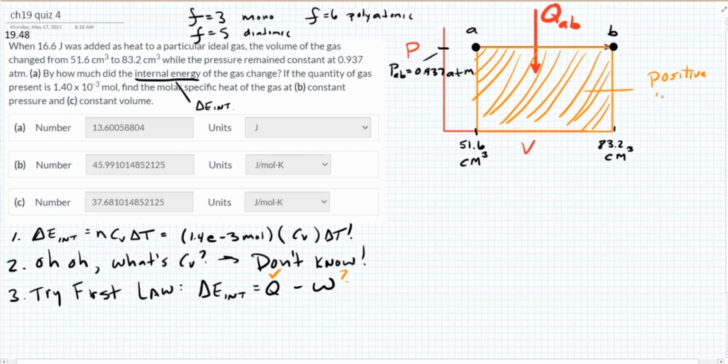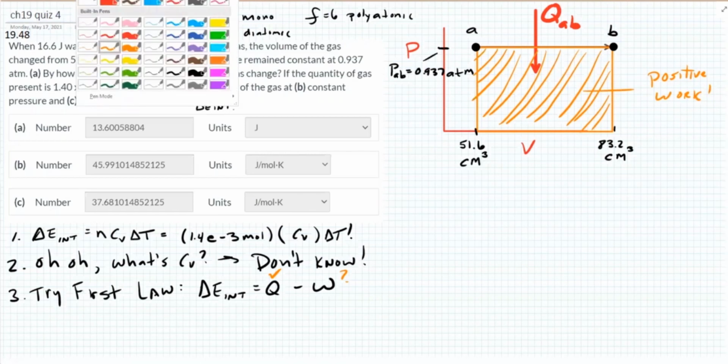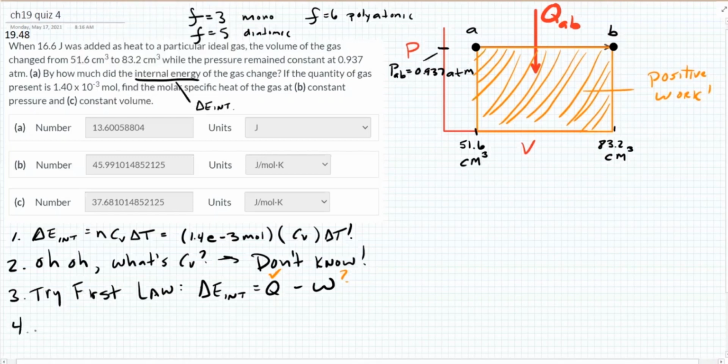Not only is it positive work, but it's a rectangle. So let's do that. Ready, set, go. Number 4. Change in internal energy equals Q, 16.6 joules, minus that rectangle. That rectangle is going to be length times width.